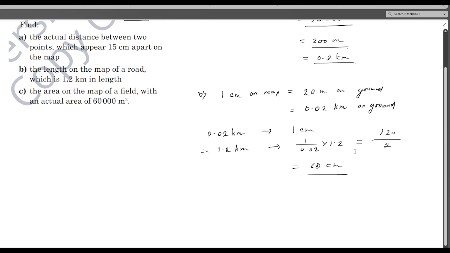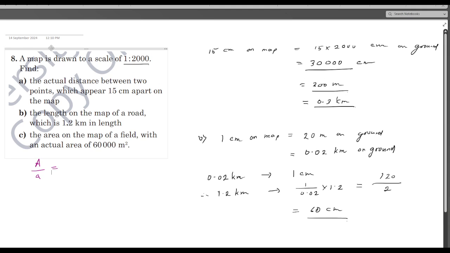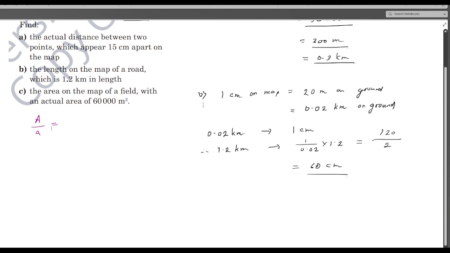Now the C part, the area on the map of a field which has an actual area of 60,000 meters square. So your actual area, capital A divided by small a will be equal to, now here the scale is 1:20.